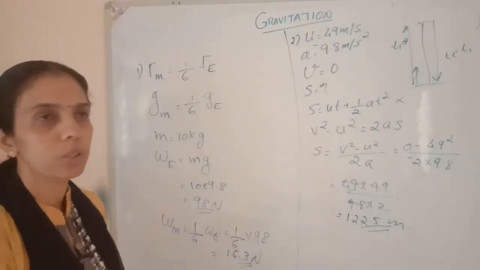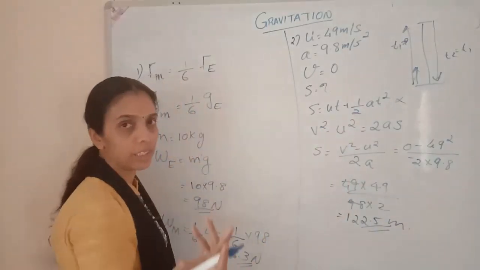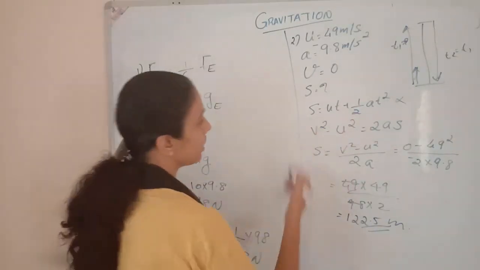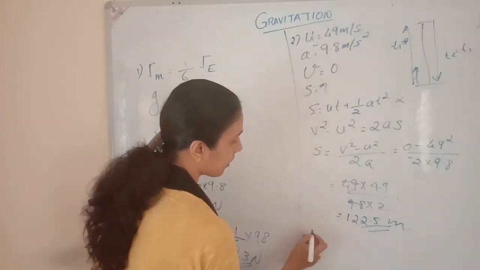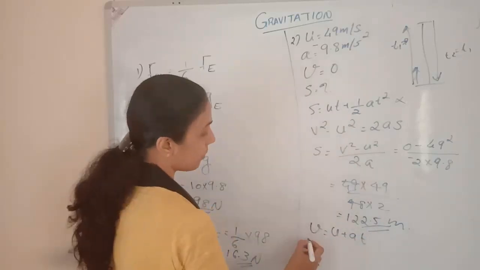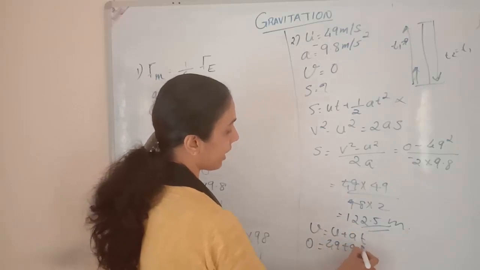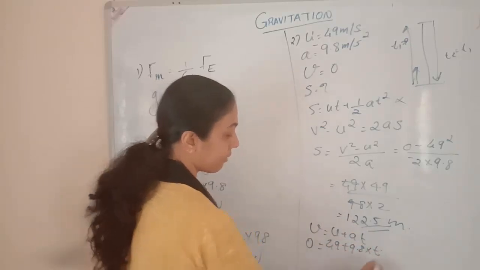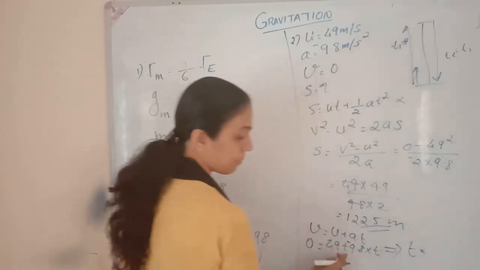Which formula we can use? Either this formula or v is equal to u plus at. Any one formula you can use. V equals u plus at will be more convenient I guess. So v is equal to 0, u is 49 plus 9.8 into t. Here a is negative, right?